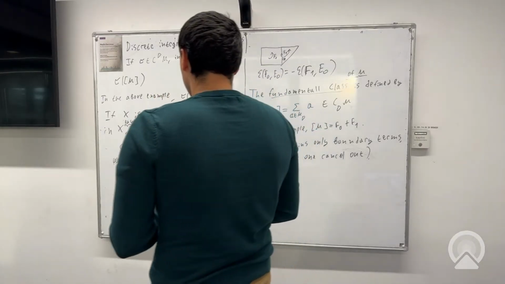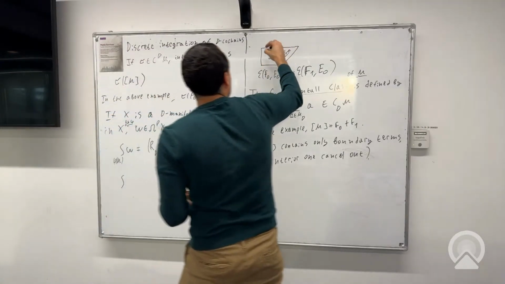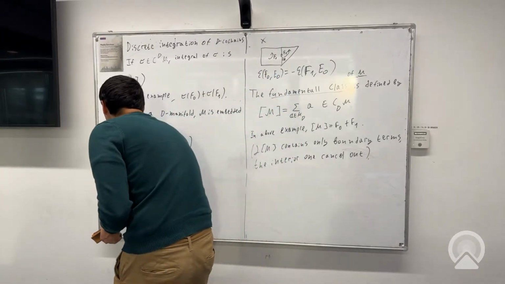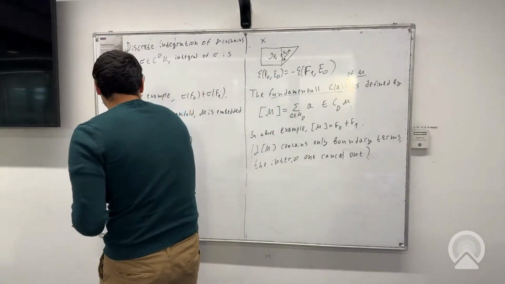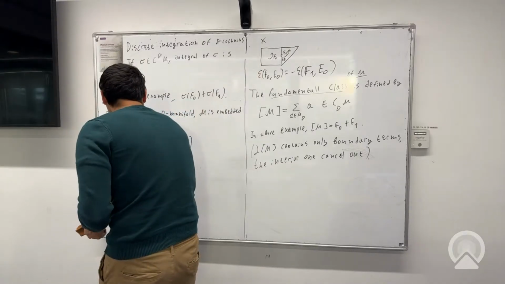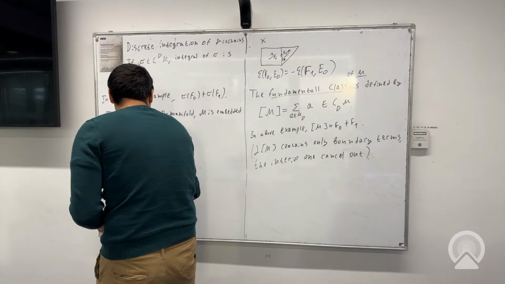So let's take this example, and call this X, the embedding. The integral over X of omega is the integral over F0 of omega plus the integral over F1 of omega.